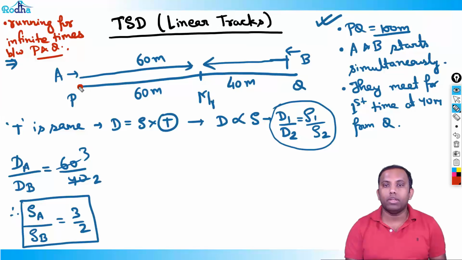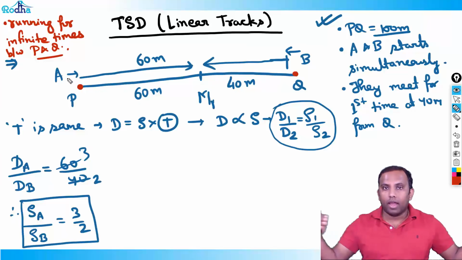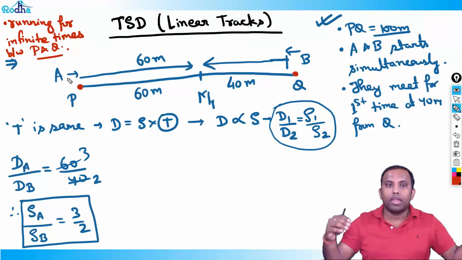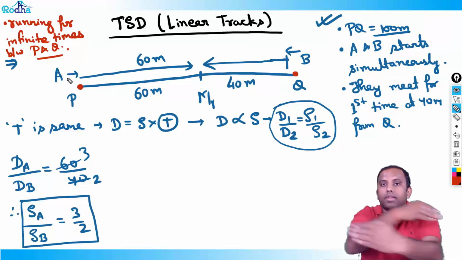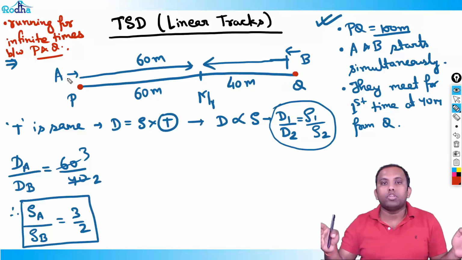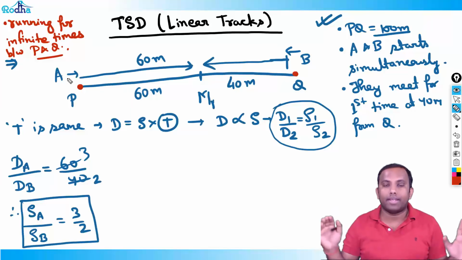P and Q are two points, the length of PQ is 100 meters, a straight linear track. A reaches Q, B reaches P, and they again come back. They keep running infinitely between these two points.